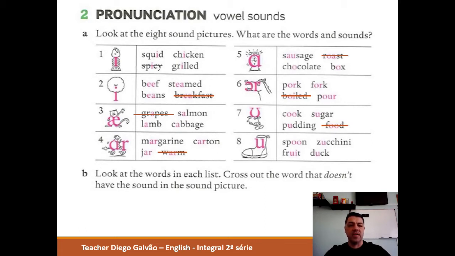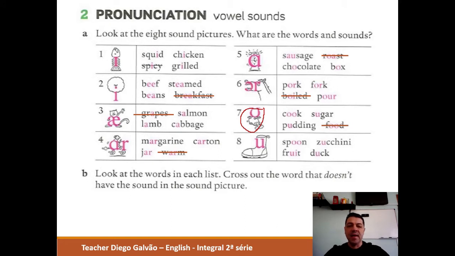Then we have the seventh sound. Oh, I told you the answer already. So the different word here is food. Why is it food? Because the others are cook, sugar, pudding. They come from the sound of book. And food is shorter. It's quicker.